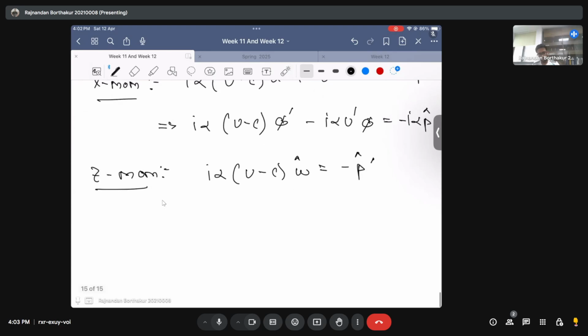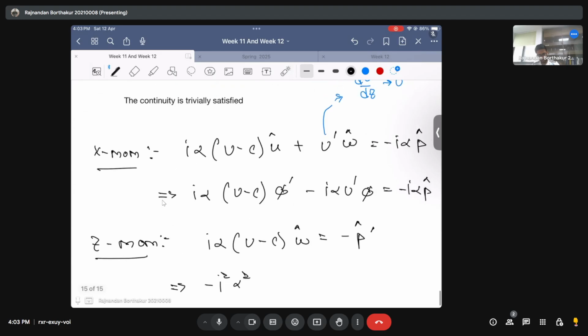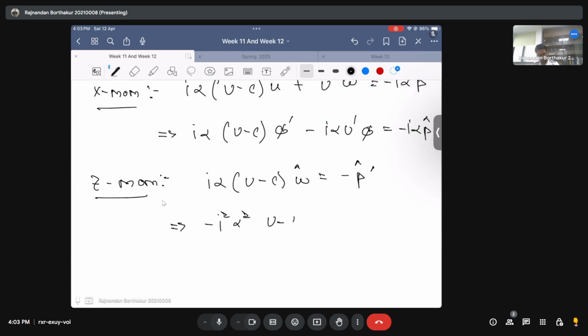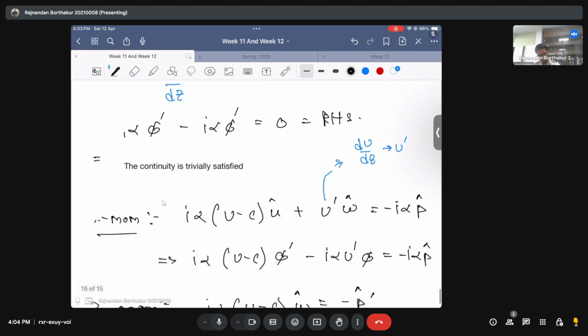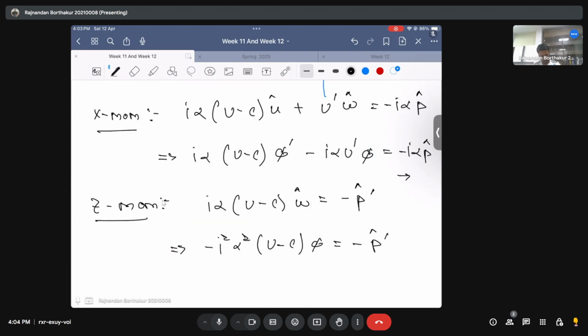And I know that w hat is equal to minus i alpha phi, so I can write it as minus i squared alpha squared (u minus c) phi equal to minus p hat prime. So let's name these equations: this is your equation 12a and 12b.